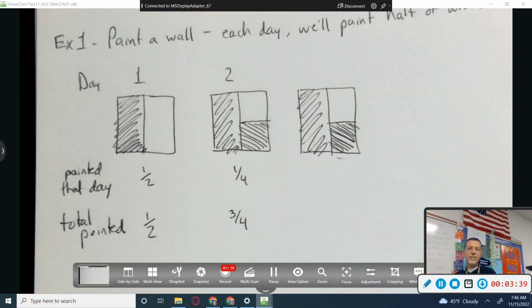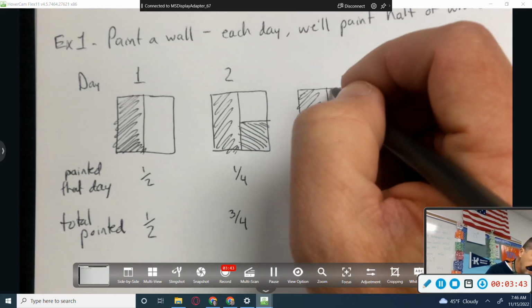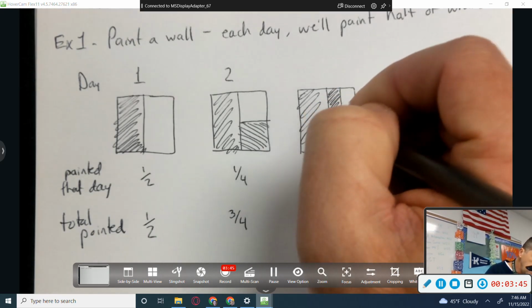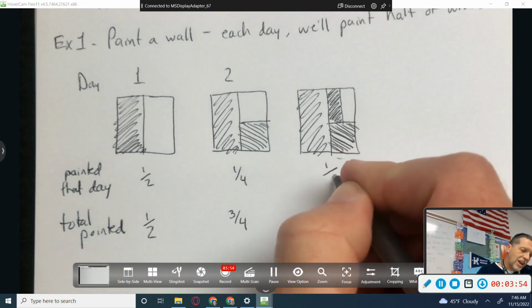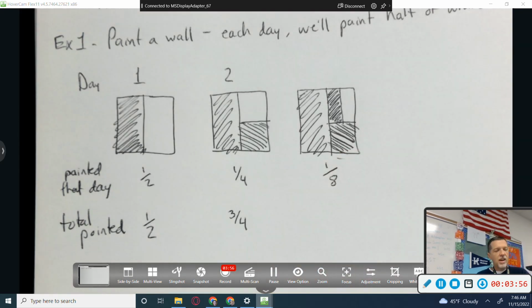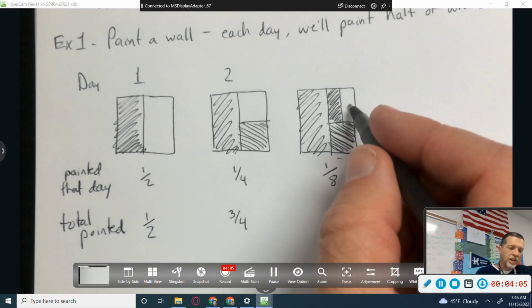Feeling really lazy today. Let's only paint half of what's left. So how much of the wall did we paint that day? 1/8. How much of the total wall is now painted? 7/8, because there's 1/8 that's not painted.